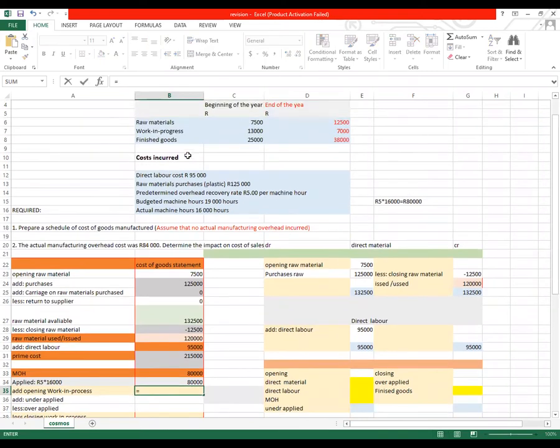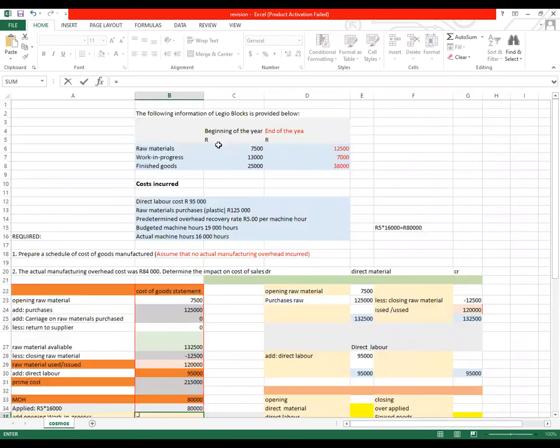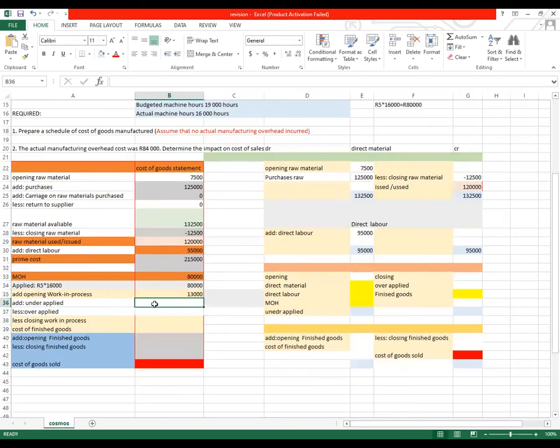Here, guys, we're going to add to our work in progress. The opening is this one. We are going to add our under. For now, since we don't have the actual, we're going to ignore this.